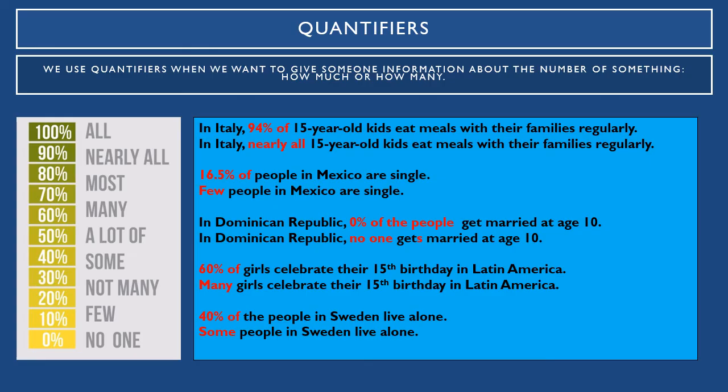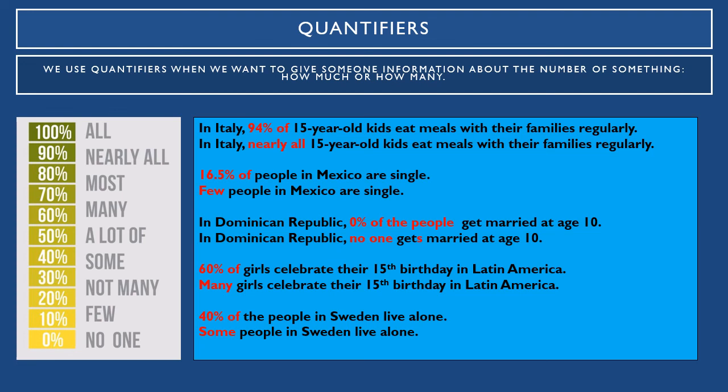The next sentence, 60% of girls celebrate their 15th birthday in Latin America. Another way to say this is changing 60% of for many, because 60% is close to many. So 60% of girls celebrate their 15th birthday in Latin America.